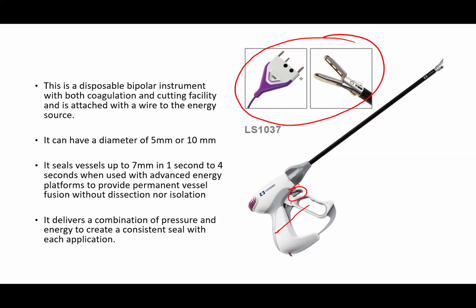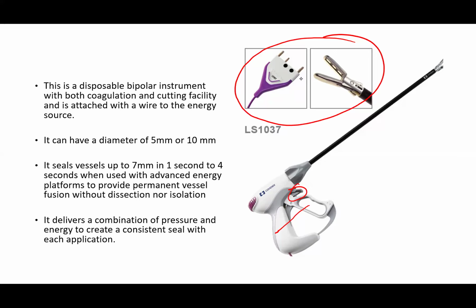Now, it seals vessels up to 7 millimeters in 1 second, and 4 seconds when used with the advanced energy platform, to provide permanent vessel fusion without dissection or isolation. It delivers a combination of pressure and energy to create a consistent seal with each application.